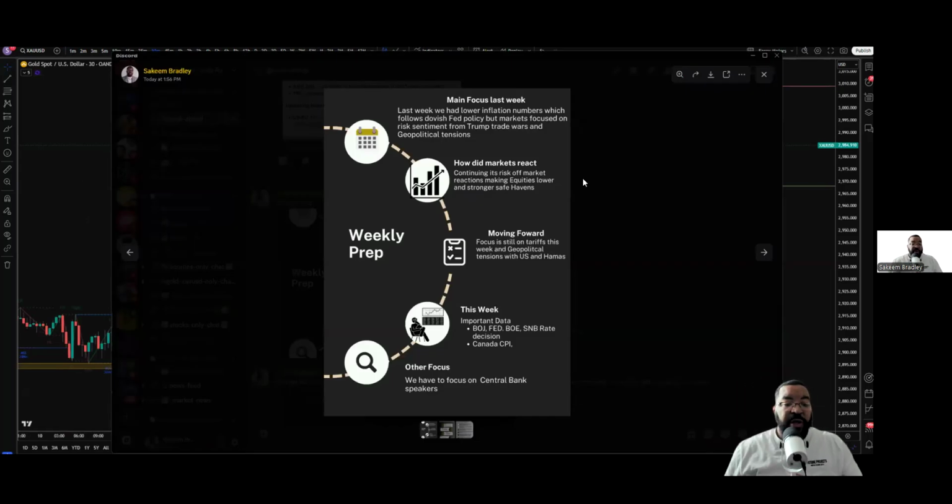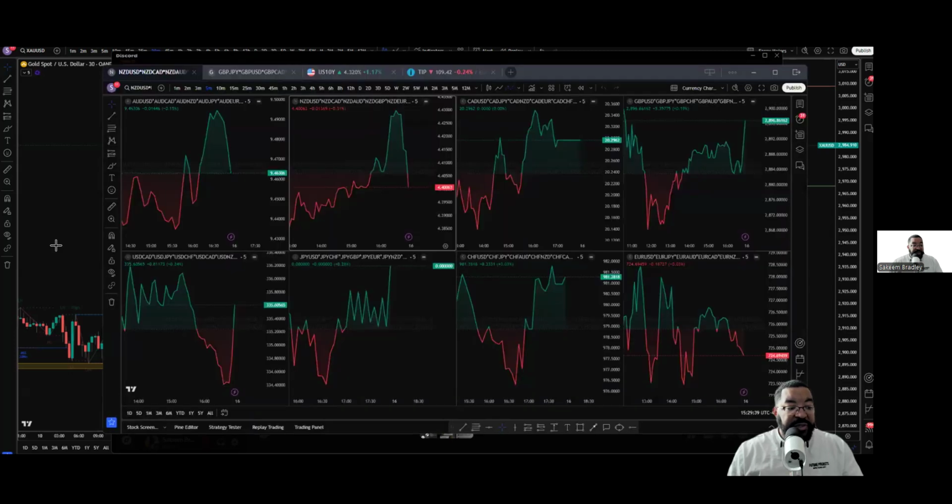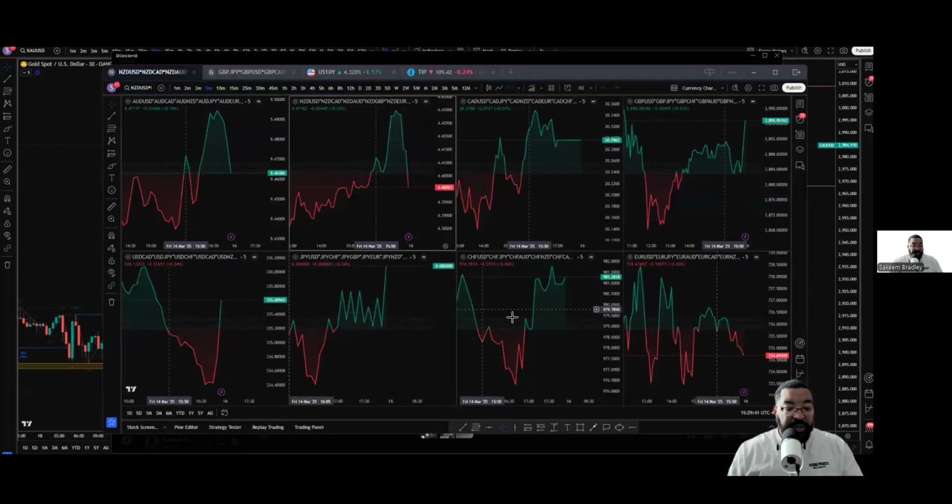So moving forward, we're going to focus on Monday, like over the weekend. I'm going to go over that too. But moving forward, focus on tariffs, right? Let's see if the tariffs are escalating or de-escalating. If we see that tariffs are escalating, expect more of a risk-off market. And risk-off market is just like equities will push lower, like what I showed you, and you're going to see safe havens gain strength, like the dollar, yen and Swiss.